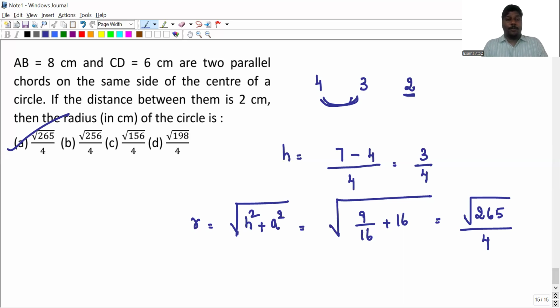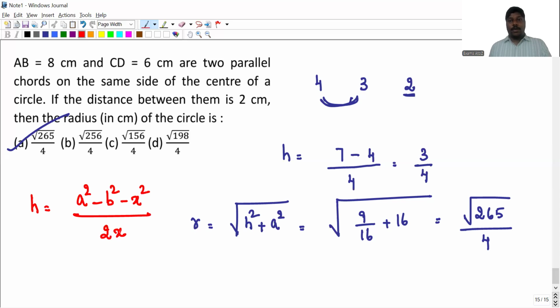So you apply the formula. What is the formula that we have applied here? h is equal to a square minus b square minus x square divided by 2x. And what is h? Without drawing the diagram, you can say h is the distance between the center and the greater parallel chord.